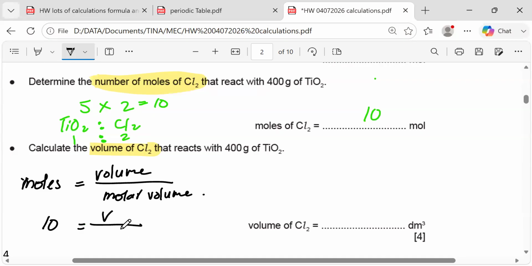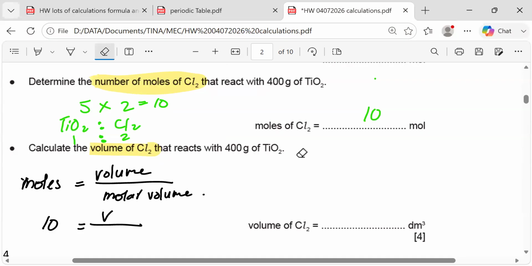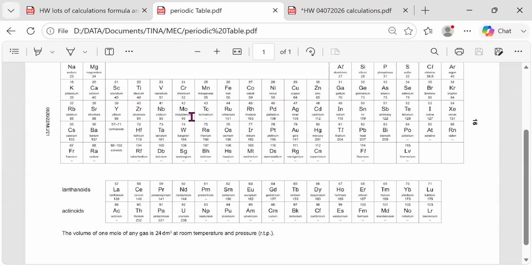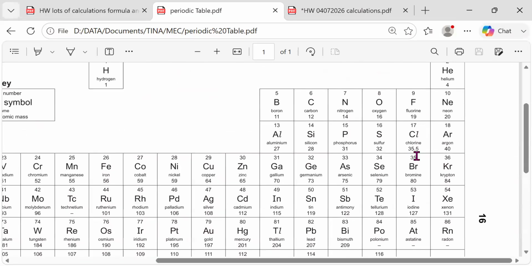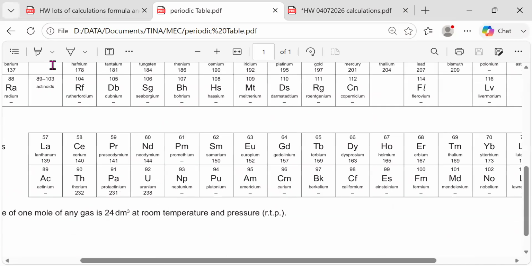What is molar volume? Look at your periodic table. I give you a periodic table for what? Look at the last sentence in your periodic table. Not 35.5, that is molar mass for chlorine.